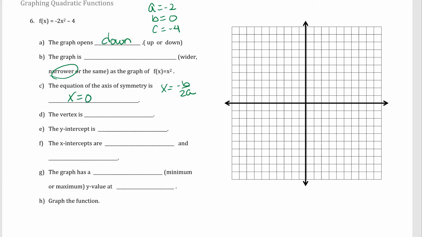Plug in 0 for x. The result is -4. So we know that the vertex and the y-intercept are going to be the same.